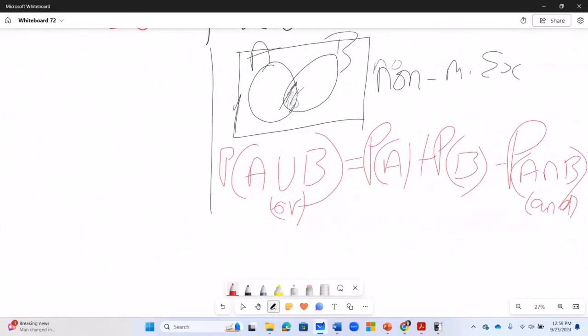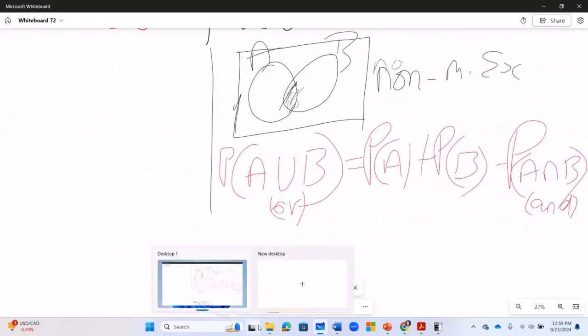So we have drawn a diagram to show non-mutually exclusive events. We have just given an example, or let's call it a Venn diagram and equation. So let's do an example. Until we do an example, we will not know how to.